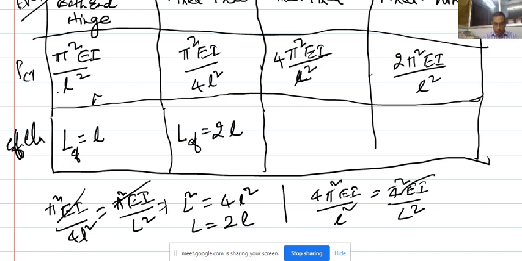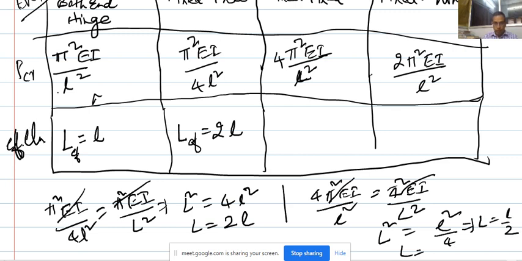Pi square E I cancels, so capital L square equals l square by 4. That means capital L equals l by 2, so L effective equals l by 2.